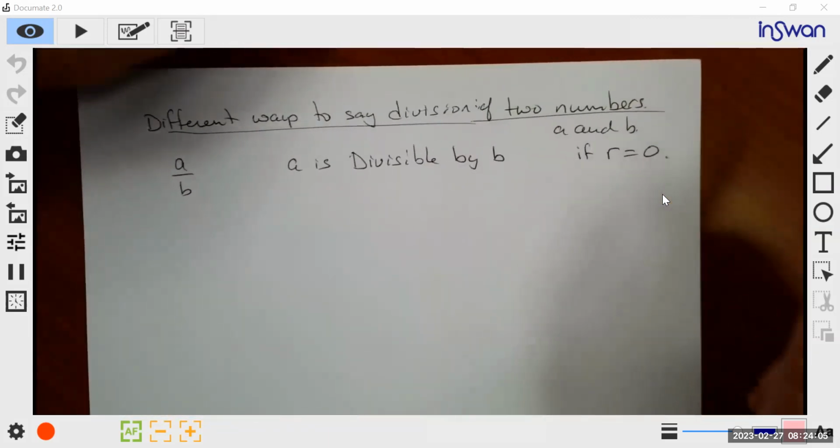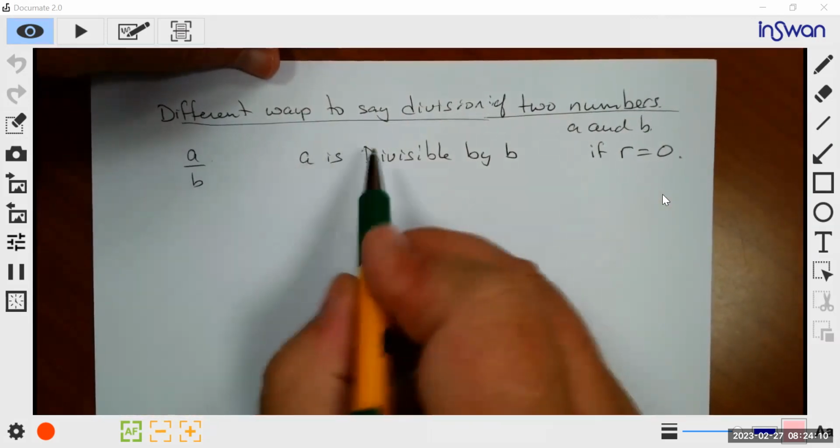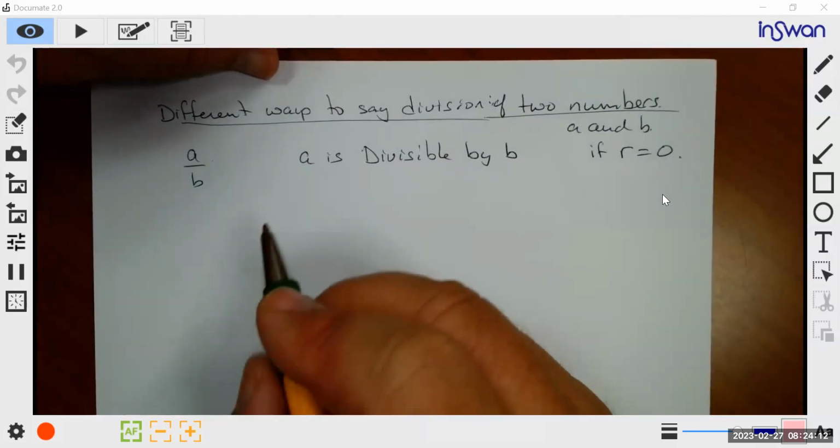Because everything else we have a remainder, this is another way of saying it. So if this one gives us a remainder of 0, then we say A is divisible by B.